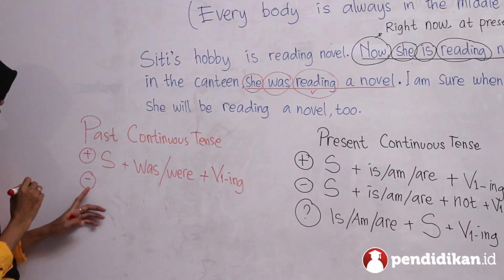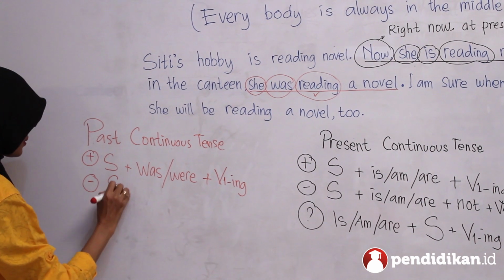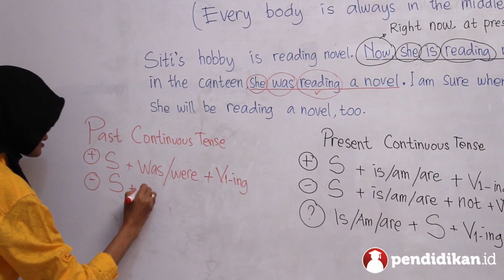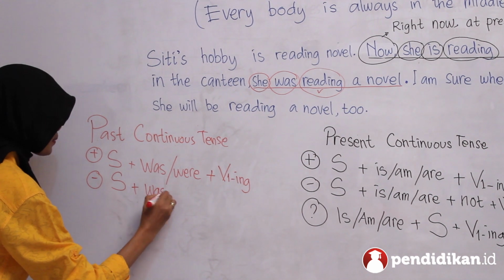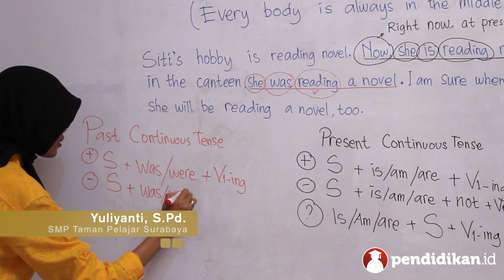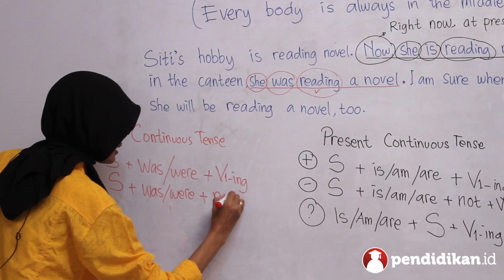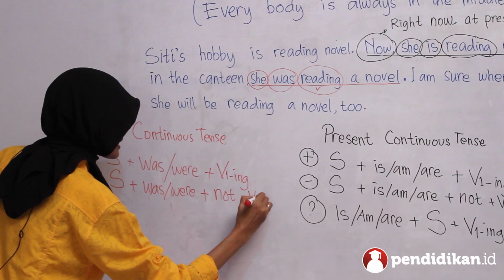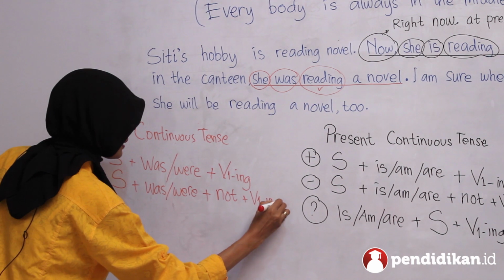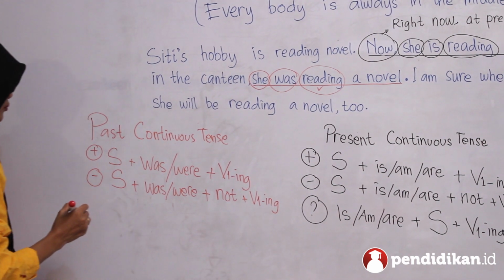And to make negative sentence is subject plus was or were plus not plus verb 1 ing.